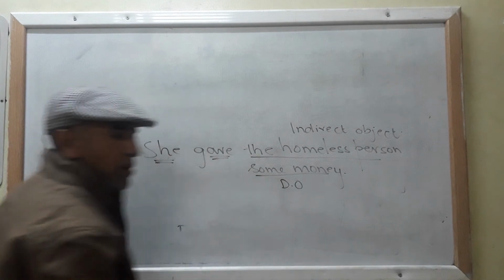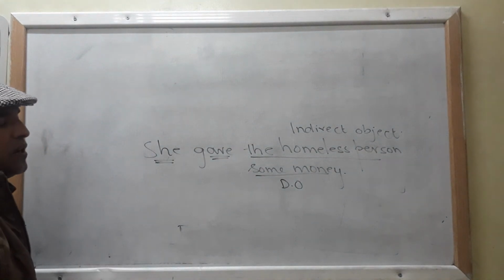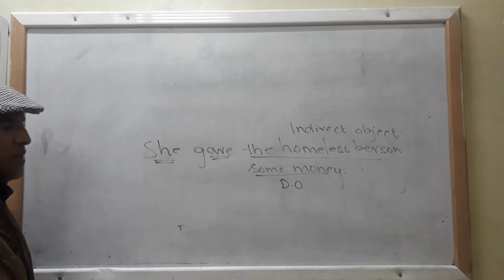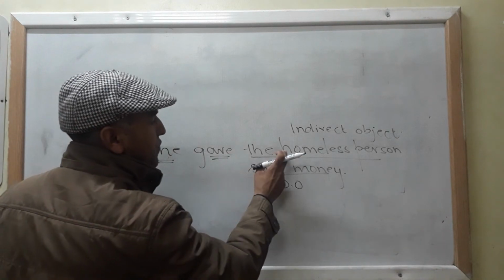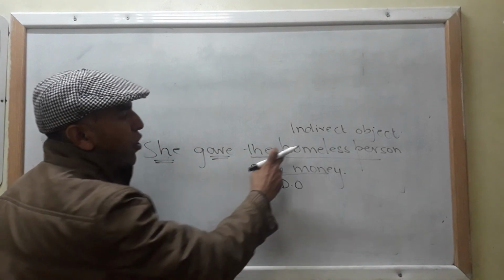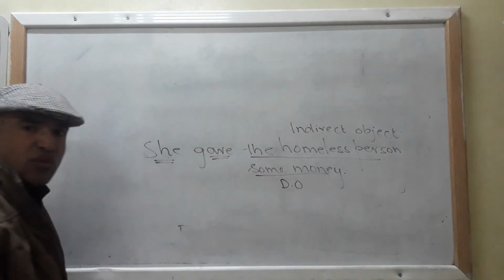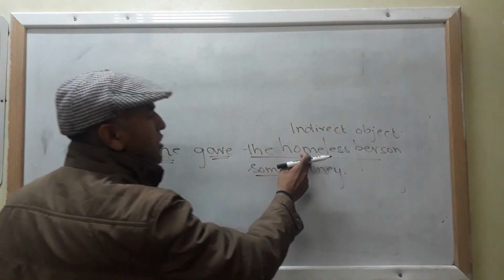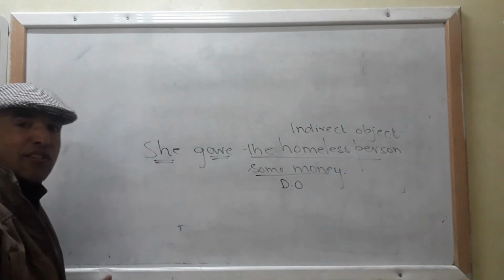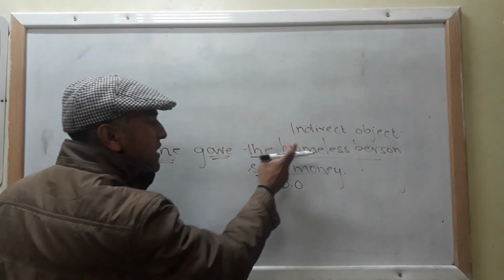As I told you, your indirect object is the recipient or receiver of your direct object. So who is the recipient of the money? The homeless person. Some money is your direct object, and the homeless person is your indirect object, because it is the receiver.